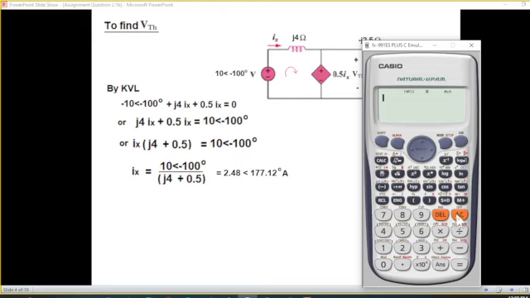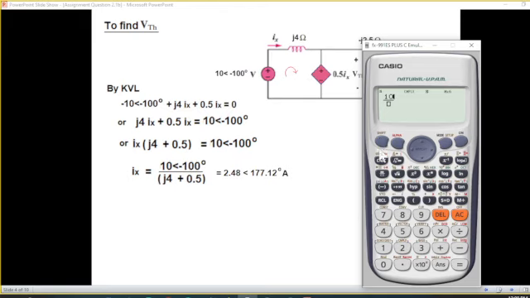So first of all, we have to make sure it is in complex mode. For that, you go to mode and 2 for complex, so you select 2. So now it is in complex mode. And we'll just enter these two values. So for that, we'll use the fraction option here. Numerator 10, angle.